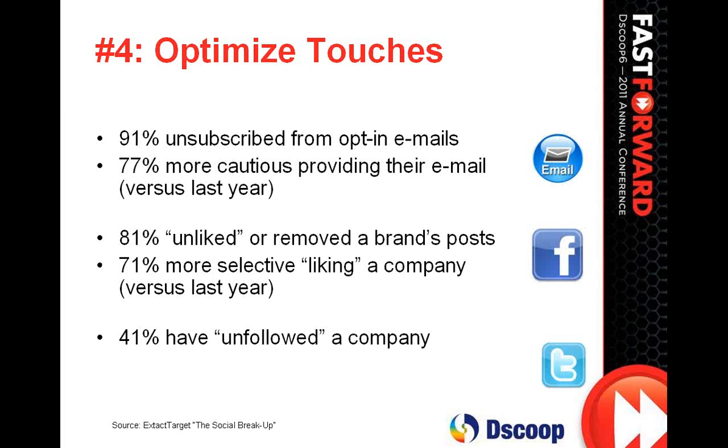Consumers and business users are pulling away in some of these channels for a variety of reasons. But one of the most prevalent reasons is because of poor or weak messaging, which we've talked about already today. The trends are changing in each of these channels, so you need to be very aware of these trends so that you can effectively craft a strategy that leverages each channel and optimizes its strength.